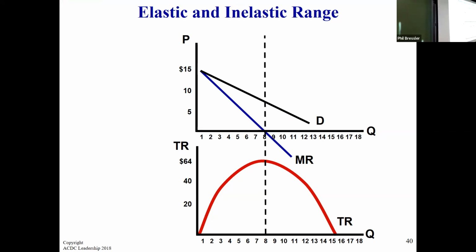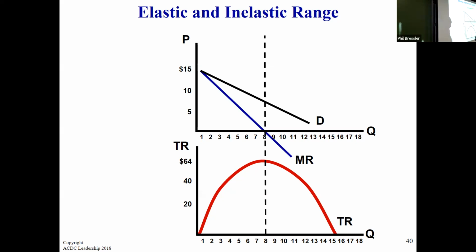Total revenue goes up. So monopolies, if they're in the inelastic, they're gonna raise their prices until they get to the elastic portion. The monopolies always profit maximize in the elastic portion of the curve.